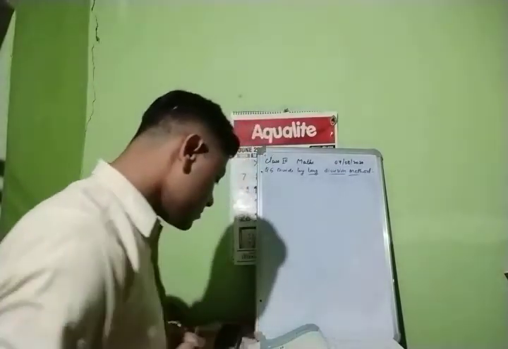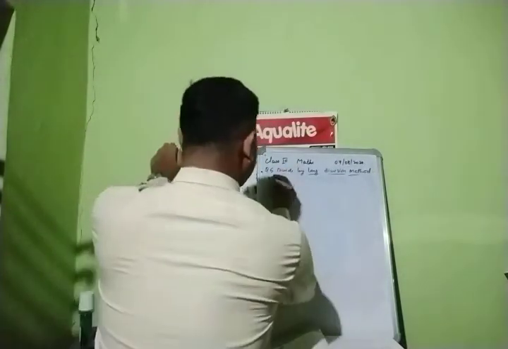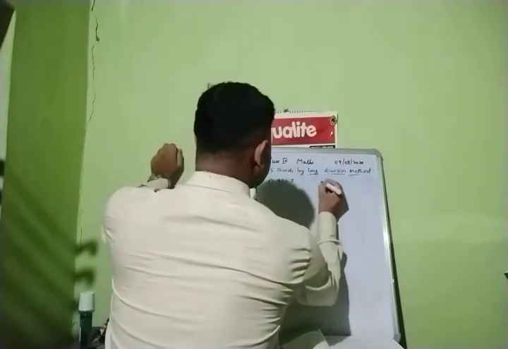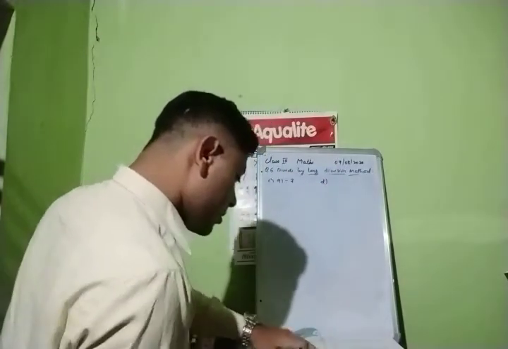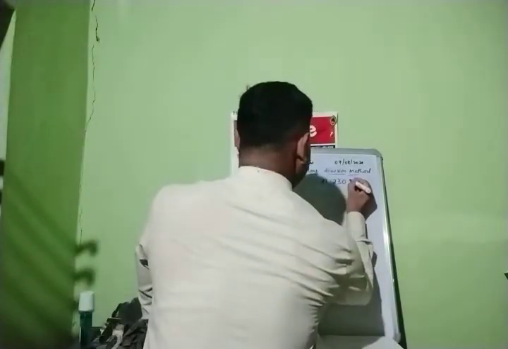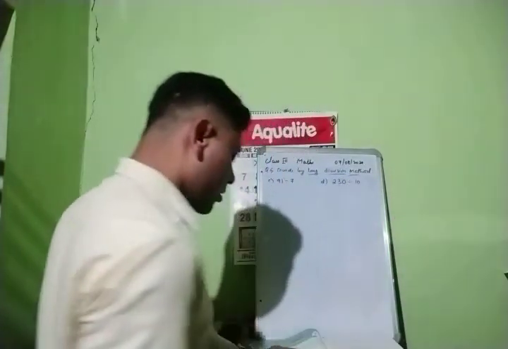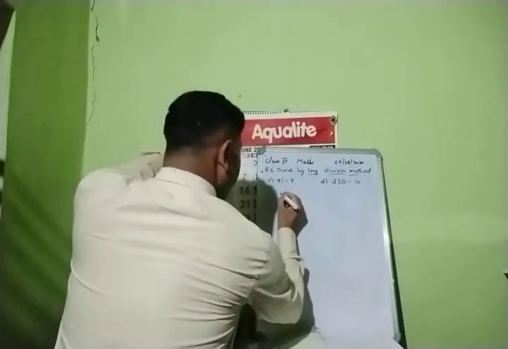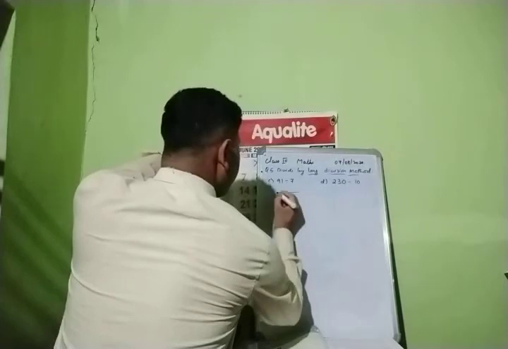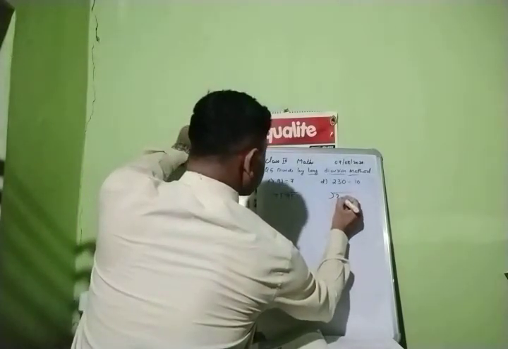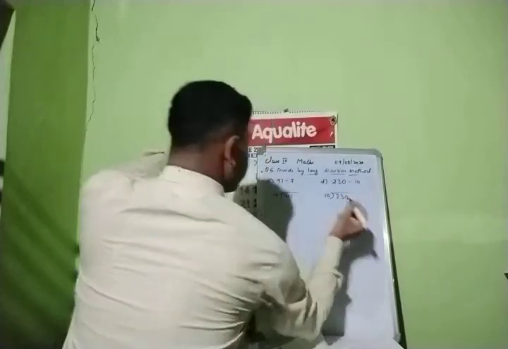Alright. Question number C, 91 divided by 7. And question number D, 230 divided by 10. Alright. Now see, 91 divided by 7. And here question number D, again a division box, 230 divided by 10.